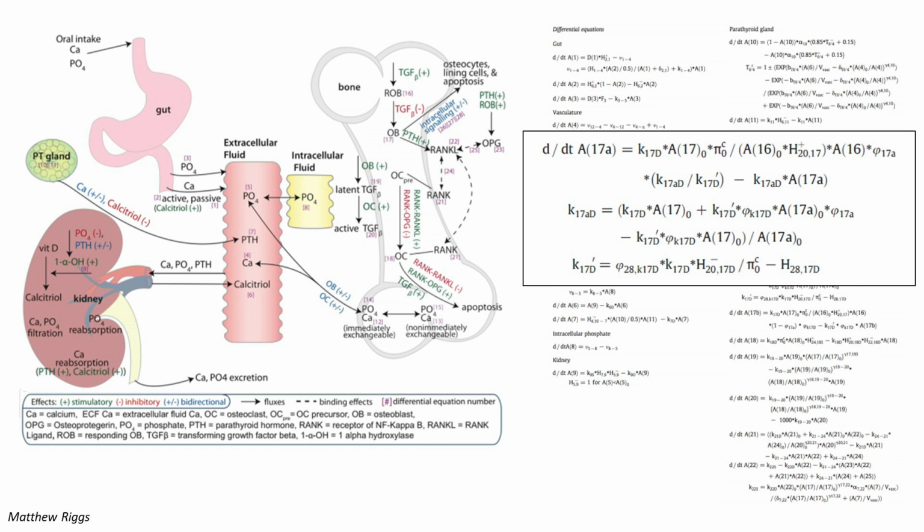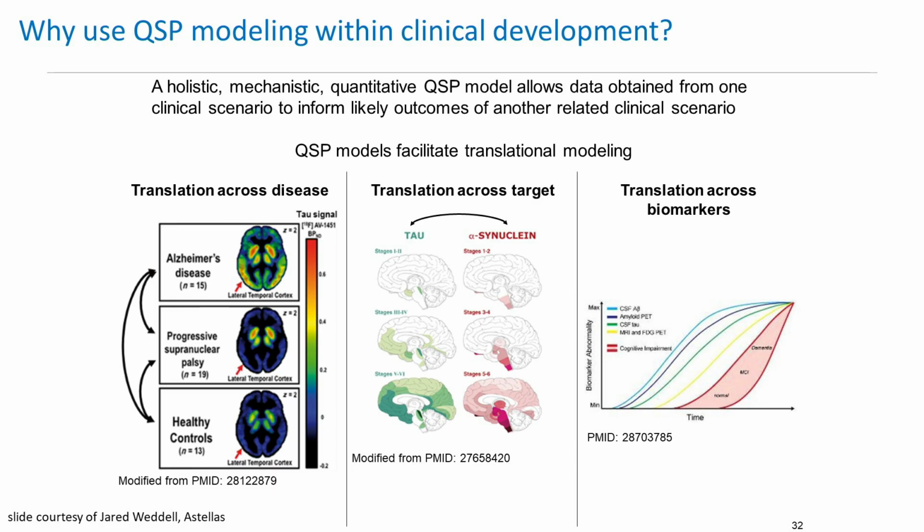And there's many, many efforts going on, even within the FDA, on how to validate and utilize QSP models so that they can be used and reused without having to reevaluate them each time they're being used for a particular question.